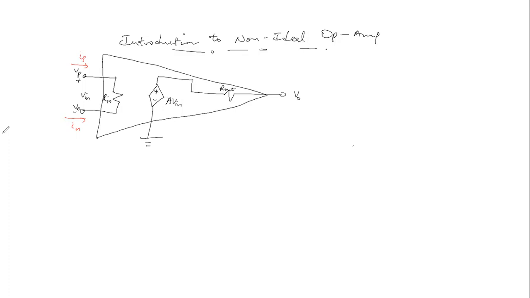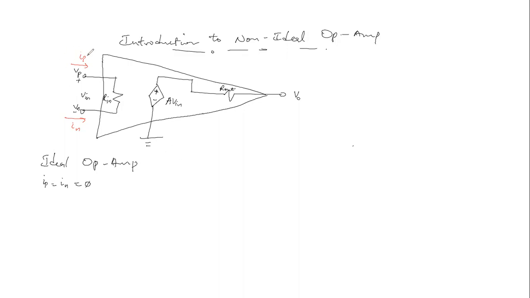Now, in the case of the ideal op-amp, just like we've already covered in the previous lecture, we're able to consider the current constraint and the voltage constraint. And some assumptions were made for the ideal op-amp. I sub P is the same as I sub N is the same as 0, which implies that no current flows into the op-amp input terminals.